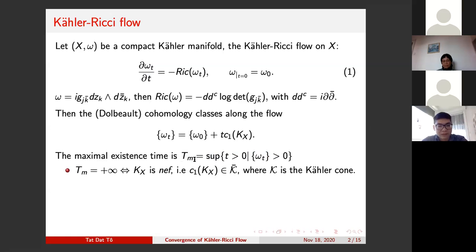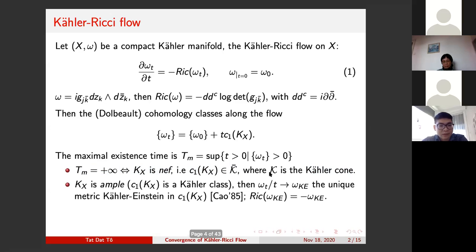This time is infinite if and only if K_X is nef. That means the first Chern class of the canonical bundle is in the boundary of the Kähler cone, where the Kähler cone means the cone of all Kähler classes. So K_X may not be inside the Kähler cone, but maybe in its boundary. So it's nef.